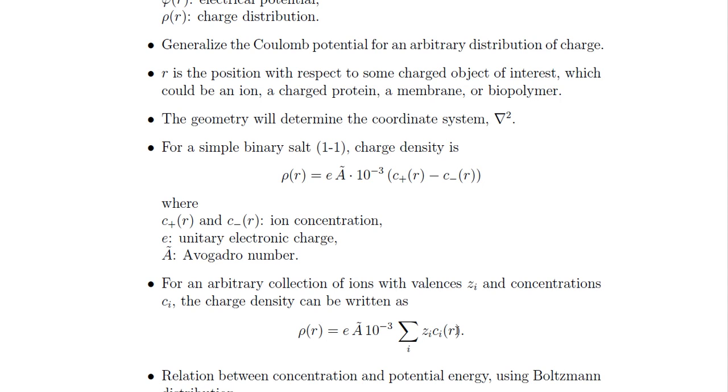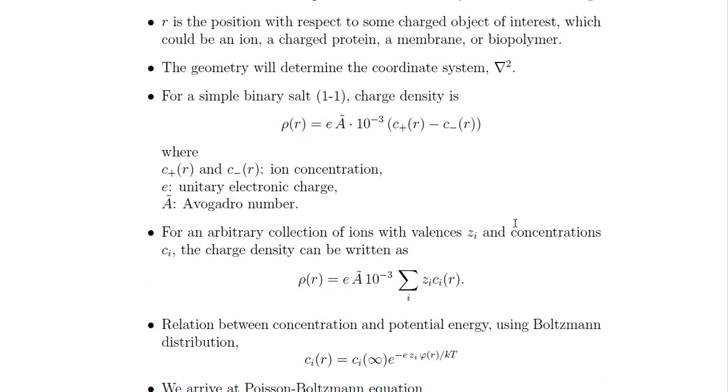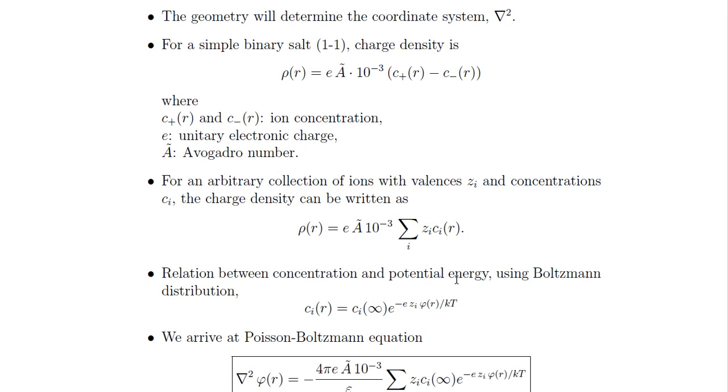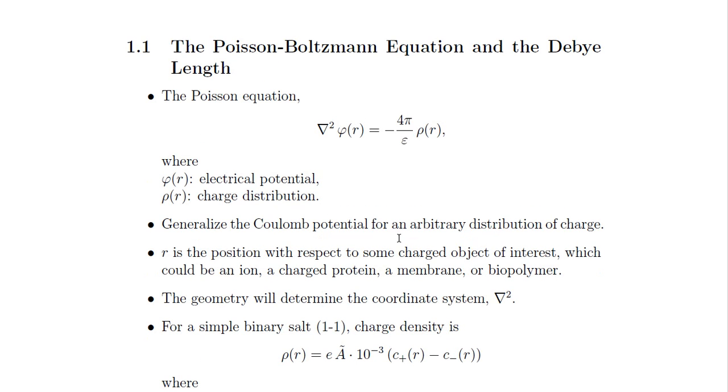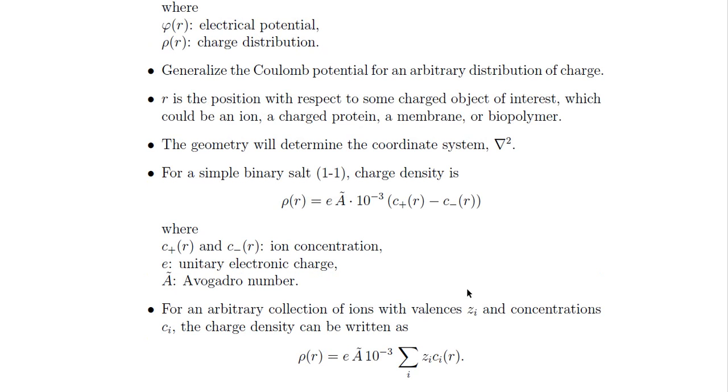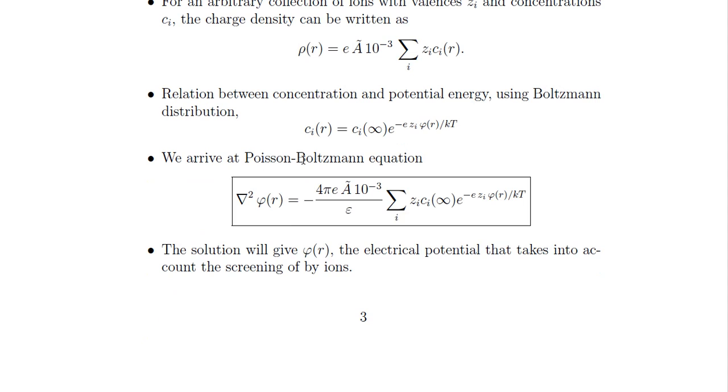Okay, so we can do the summation. The relation between concentration and potential energy uses the Boltzmann distribution. So we have this equation. If we put this into this equation, and then this equation into this equation, we are going to get the Poisson-Boltzmann equation.